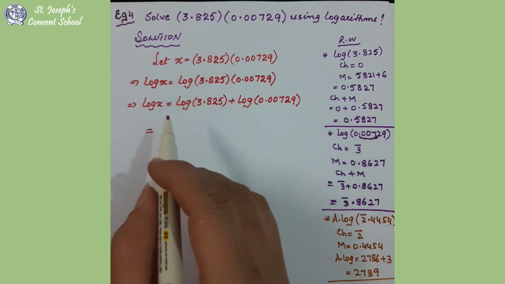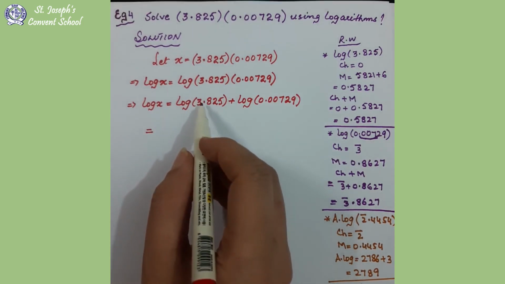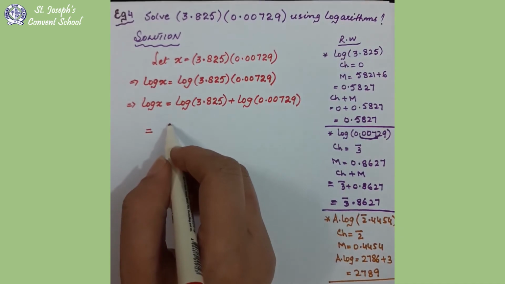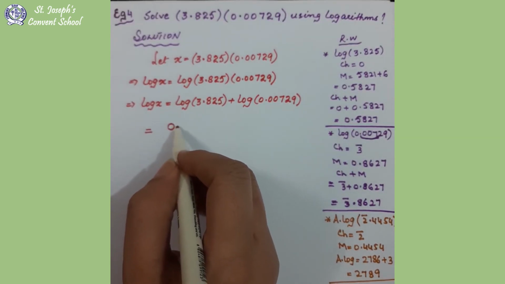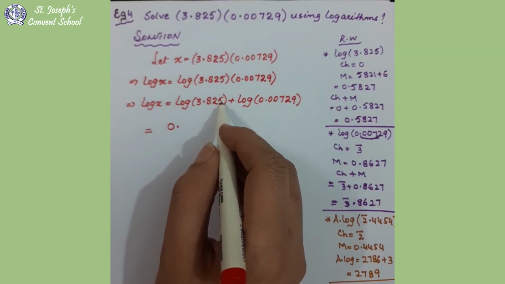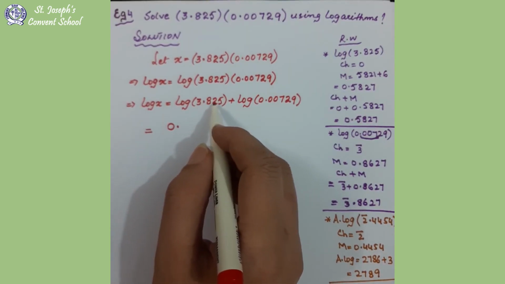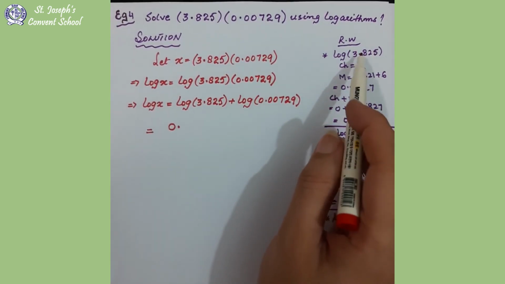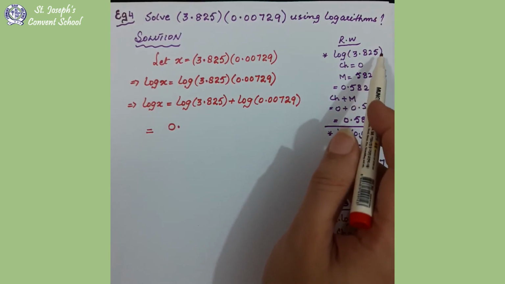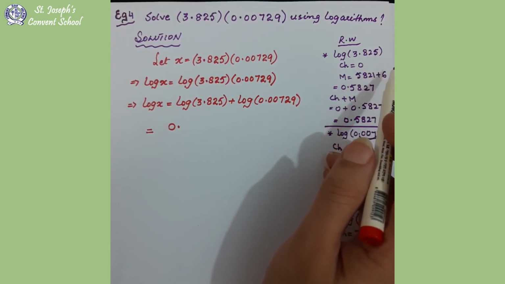So you can find it directly also. Decimal is already after first digit, no need to shift it anywhere. It means that characteristic is 0 point. You will check 38 in column 2 and mean difference column 5, then add both answers like this. 38 column 2 is 5821 and mean difference column 5 value is 6.